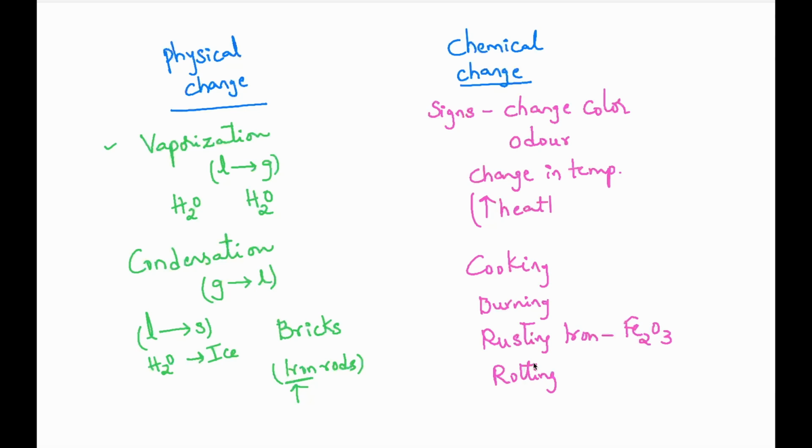Some of the common signs that we can observe to tell if a chemical change has taken place include changes in the color of the products, changes in the smell, or most likely a change in the temperature of the surrounding environment. So all of these come under chemical changes.